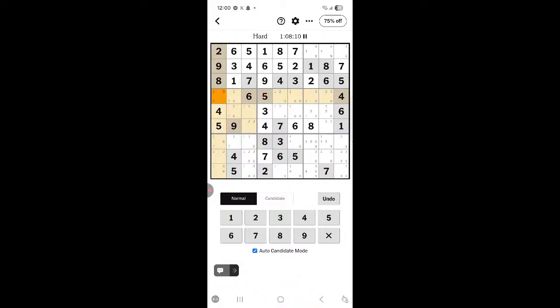It looks like 7 forces this 7. That's a 5 in that box. That's a 5 here.